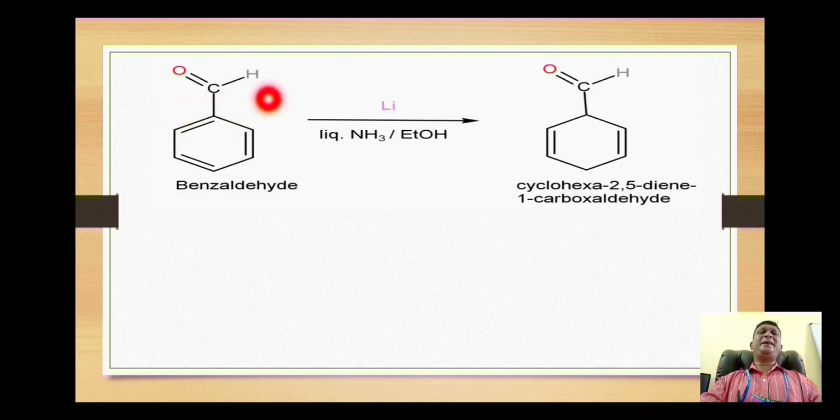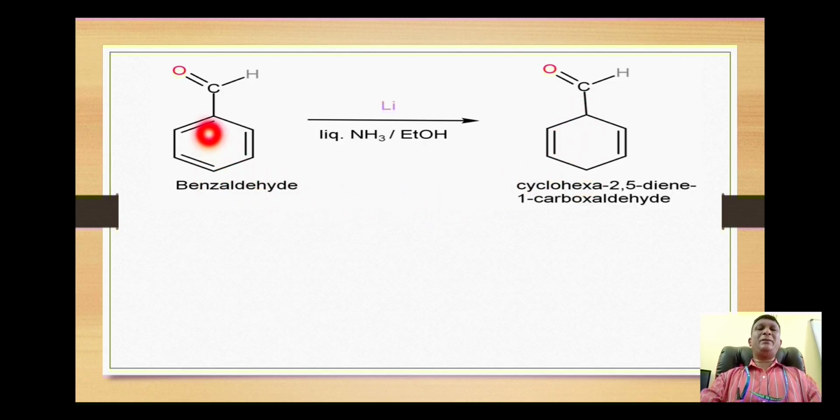Here again the CHO group is the electron withdrawing group, and when the reaction is Birch reduction, it is this carbon, meaning the carbon which holds the CHO group, and this carbon that will be the fourth position in respect to this first one. So this first carbon and this fourth carbon now undergo the reduction over here.